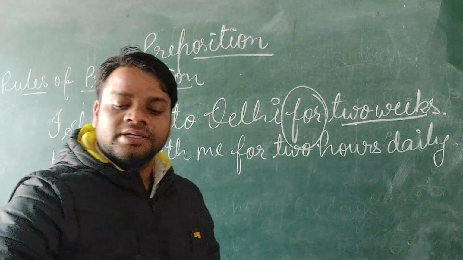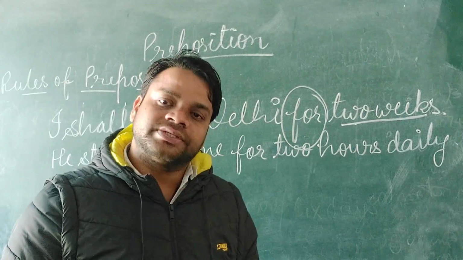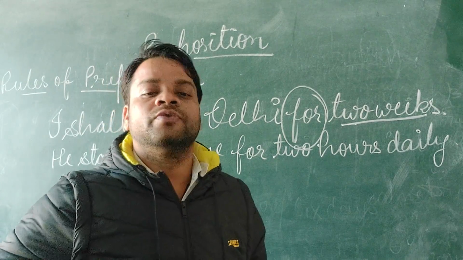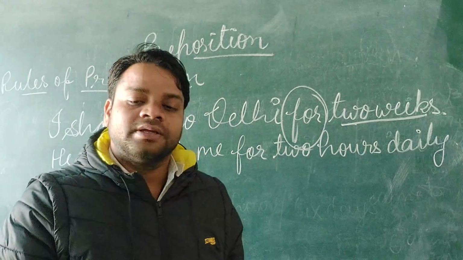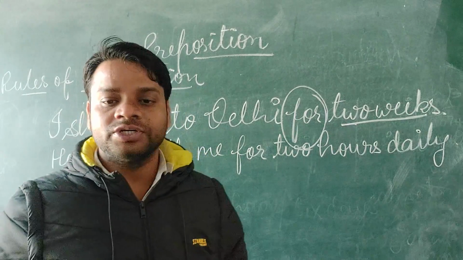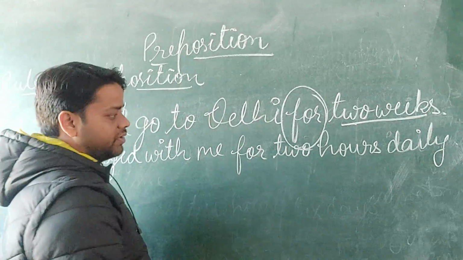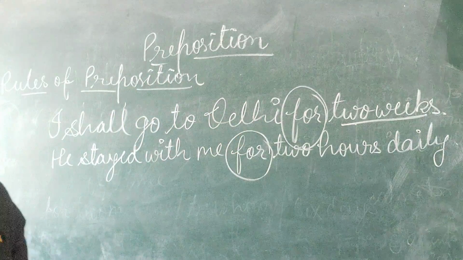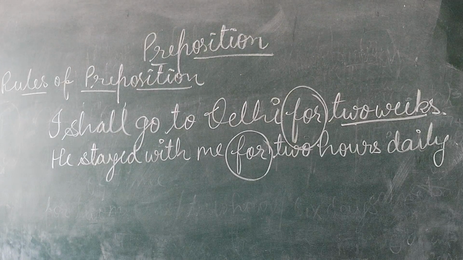But here, do you know which 2 hours? It is talking about 2 hours, not 2 o'clock, 3 o'clock, 4 o'clock. Which time are we talking about? That is not sure, it is not confirmed, it is not defined. So it is because of that only that for is used here.